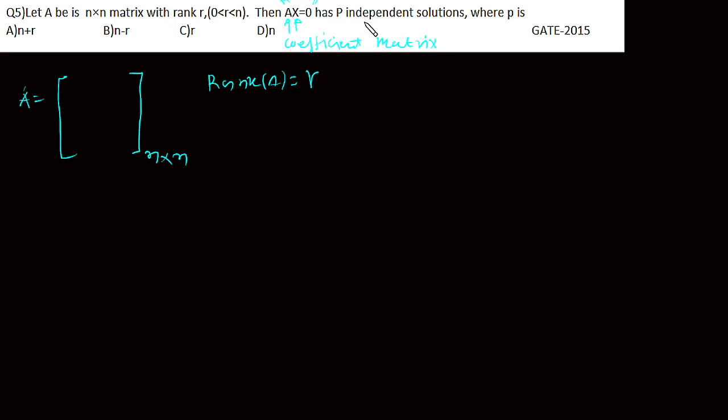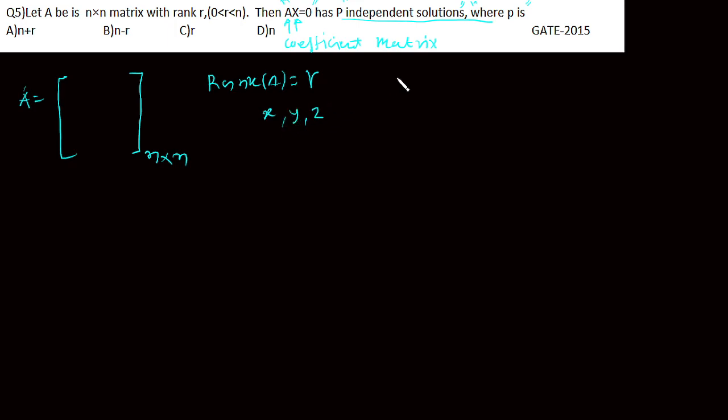So this system has P independent solutions, and they are asking about the value of this P. Now, first of all, we have to understand what this independent solution means. Simply, suppose our system of equations is given in the x, y and z variables.